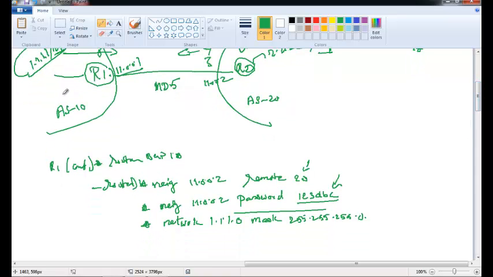Let's say I have a network here, 111.0.0.1/8. What class is it? It is class A. Is it subnetted? No. If it is not subnetted and you want to advertise, you simply say network 111.0.0.0.